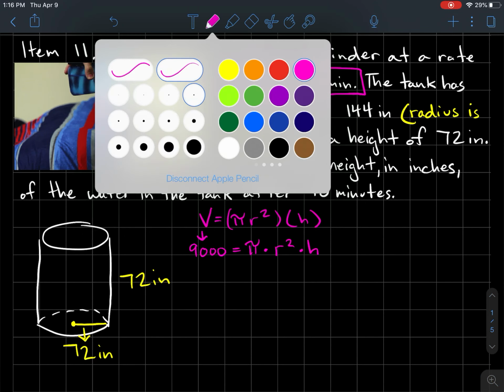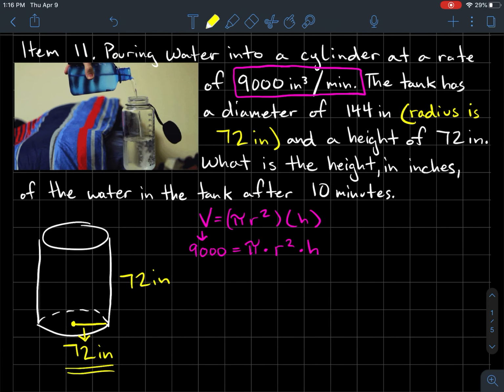Well, what do we know for the radius? We know the radius is 72. So we're going to say 72 squared. And now from here, we're going to multiply out pi.